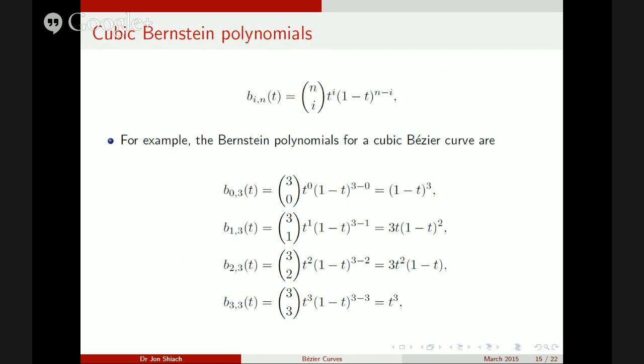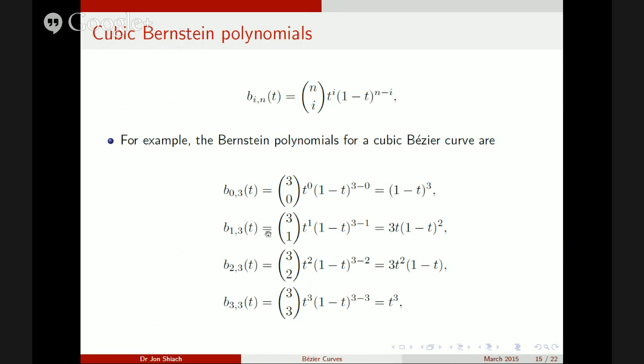So if we want to derive a cubic Bezier curve, n would be 3, and we'd need 4 Bernstein polynomials, i is 0, 1, 2, 3. When i is 0, we have 3 choose 0, which is 1, t to the power 0, which is also 1, and 1 minus t to the power 3. That gives us 1 minus t to the power 3.